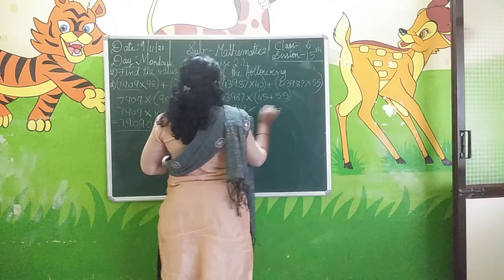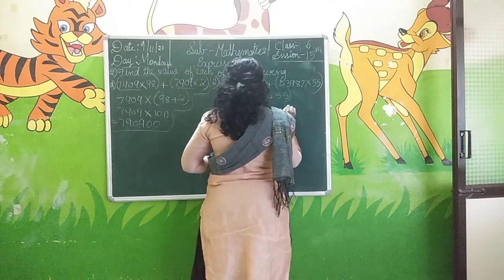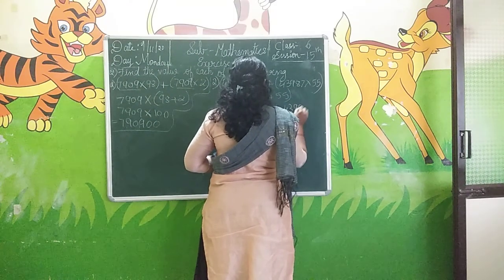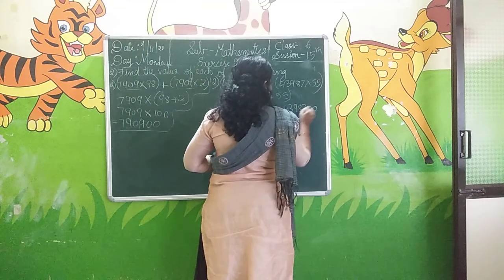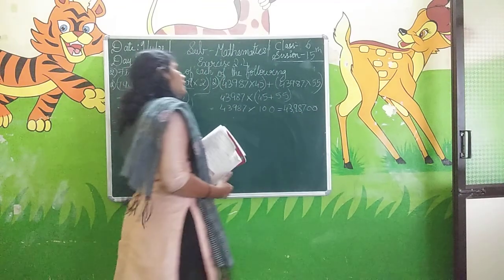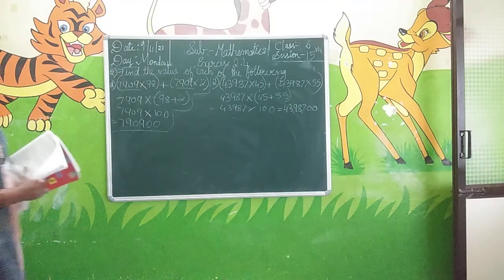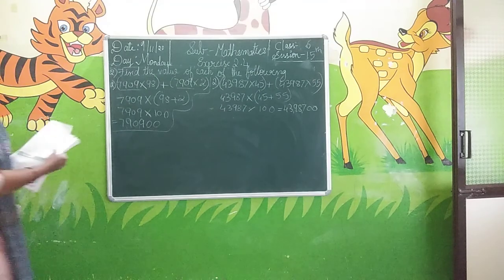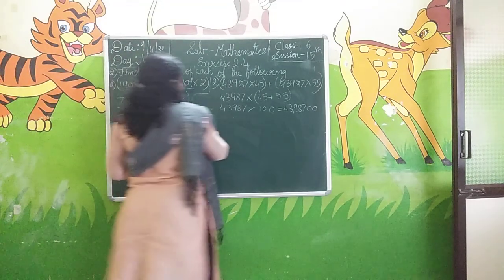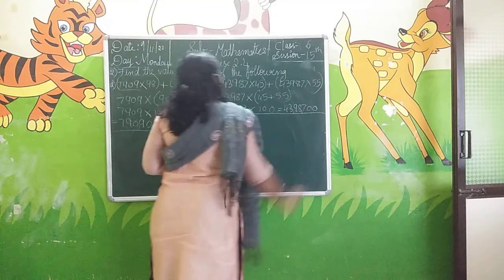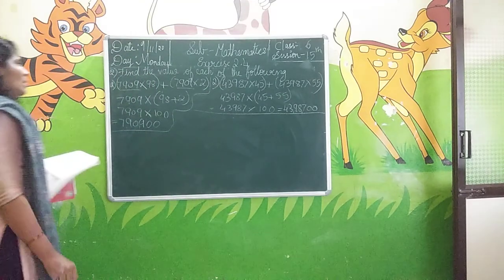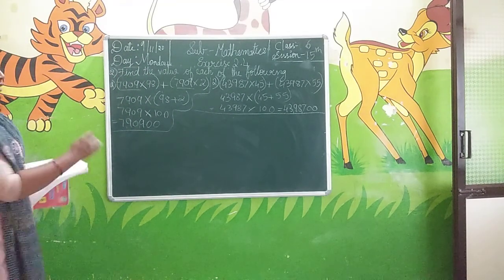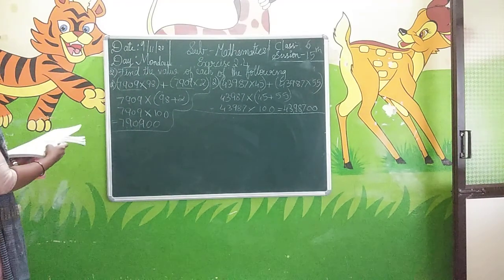When you multiply this, you get the answer as 43 lakhs 98,700. This is also the distributive property of multiplication over addition.